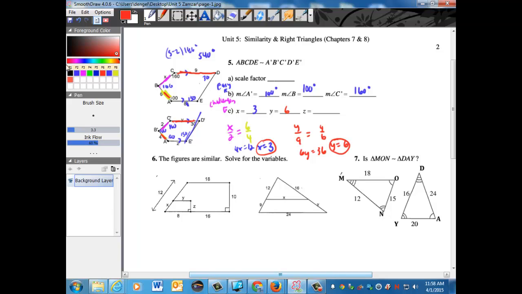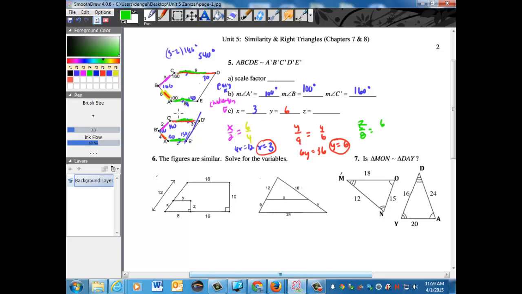All right, and then for z, let's change colors once again. z is our base, so we're going to stay with base to base. So we have z over 8, and it's going to equal, what do we want to use? Sure, let's go 9 and 6. And since I went z, so small, I'm going to use the 6.